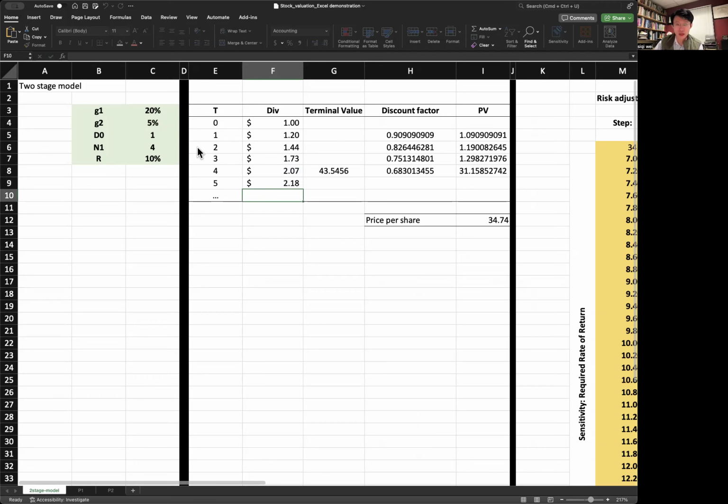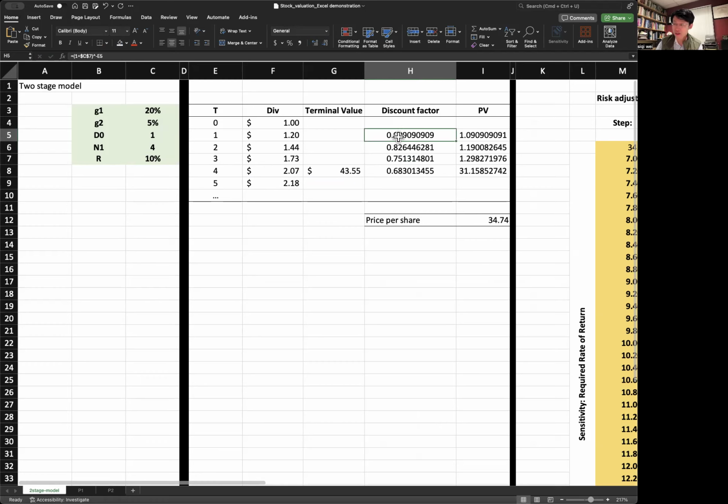Now, with the initial cash flow of the second stage generated, you can calculate the terminal value by using the Gordon dividend growth model. So 2.18 divided by the difference of the required rate of return and the second stage growth rate gives you the terminal value.